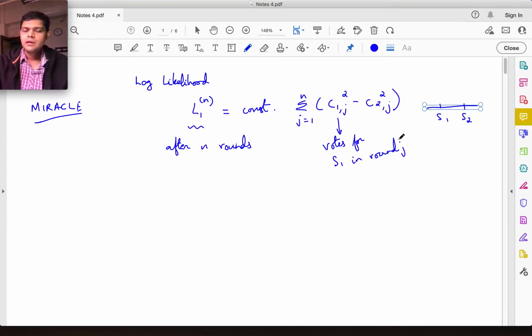And similarly we have L2n, where these two are interchanged. We continue from one round to the next till one of these exceeds a threshold, and if it does, we stop and declare the corresponding solution to be the correct one.